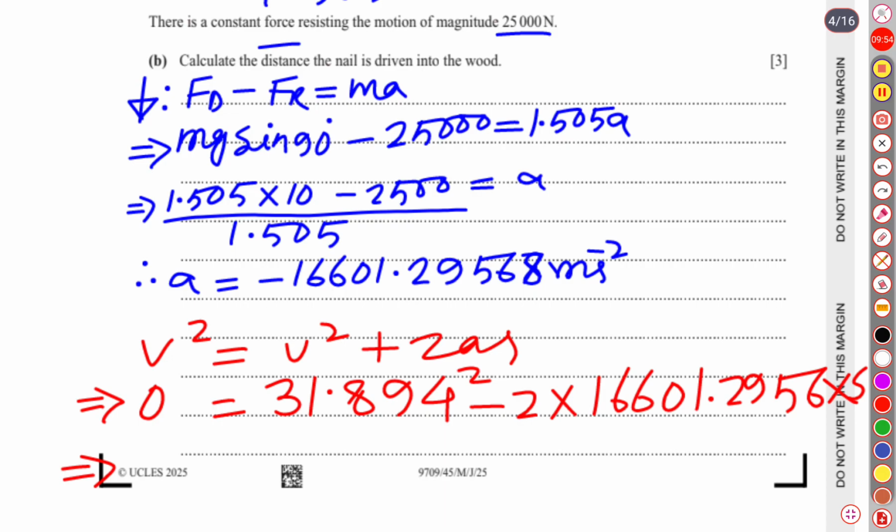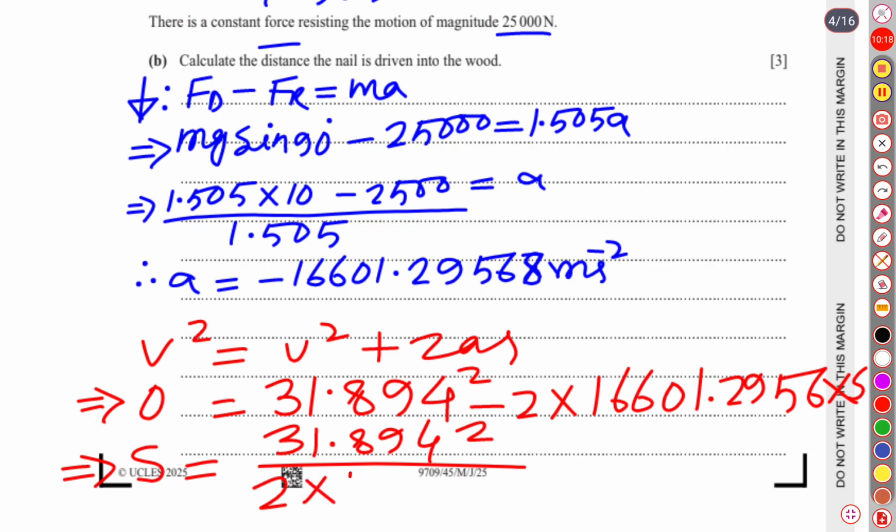If we transpose this to the other side, it is negative, so both of them are going to be positive. 31.894 square is equal to 2 into 16601.295, there will be no negative symbol.